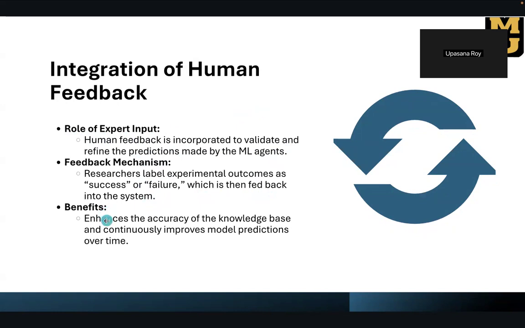The benefit is that it enhances the accuracy of the knowledge base and continuously improves model predictions over time. As of now, we are still working on incorporating this feedback into our system, and we will soon be incorporating this into our web portal.